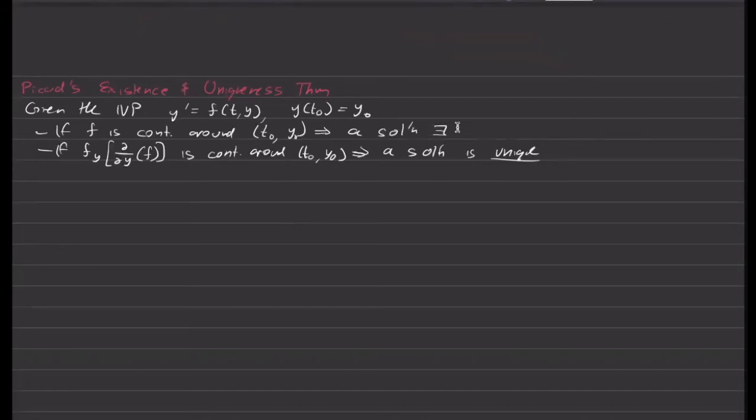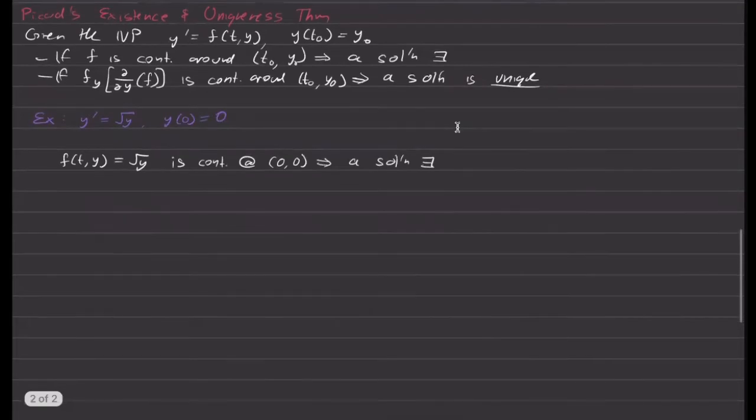So let's take the differential equation y prime is equal to root y, and the initial condition y of 0 is equal to 0. So this is our f of t and y, which is equal to root y, and this is continuous at 0, 0, which means that a solution exists.